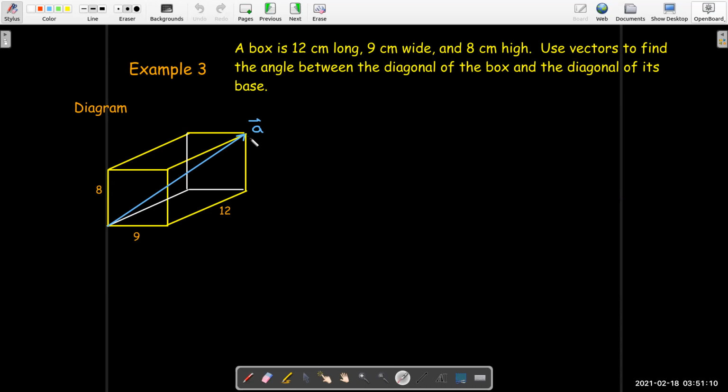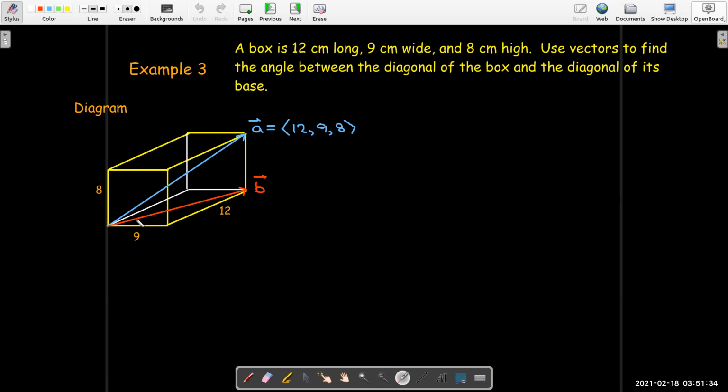Now, I can see what the components are based on the lengths here. I am going 12 in the x direction, 9 in the y direction, and 8 in the z direction. Now let's draw the diagonal of the base. And I can write components for that vector too.